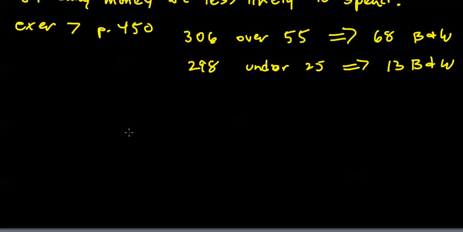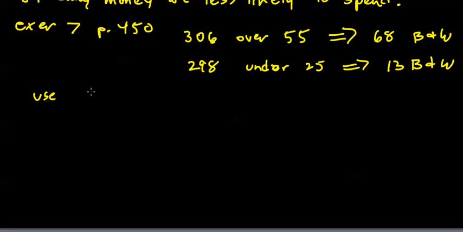Alright, so we want to use a 0.01 significance level to test the claim that the proportion of people over 55 who dream in black and white is greater than the proportion for those under 25. Let me write that down.